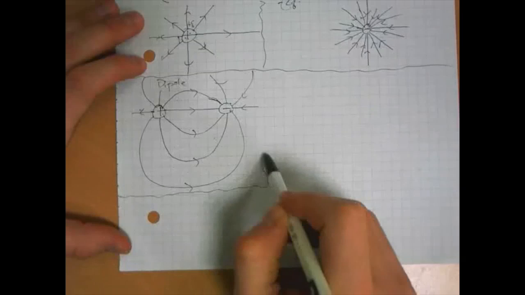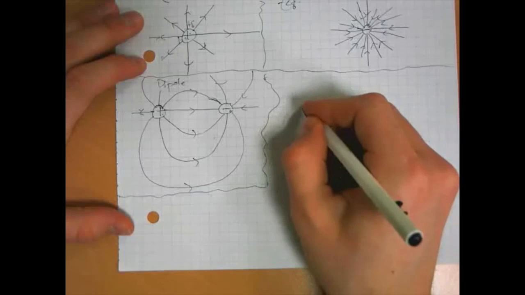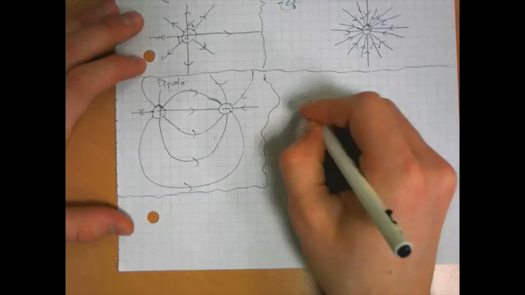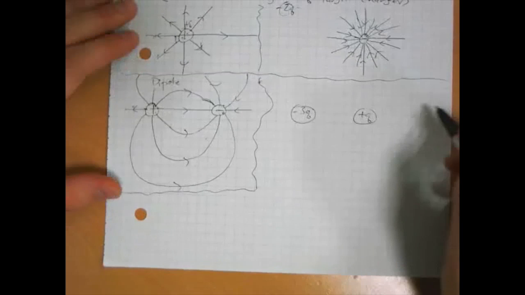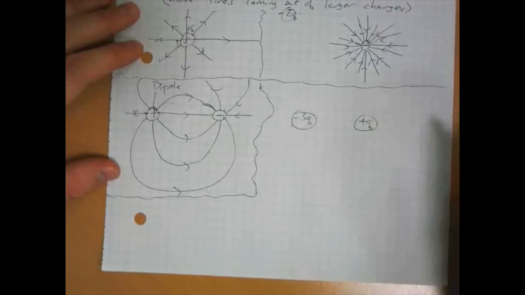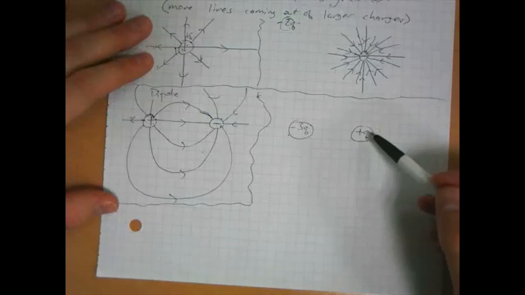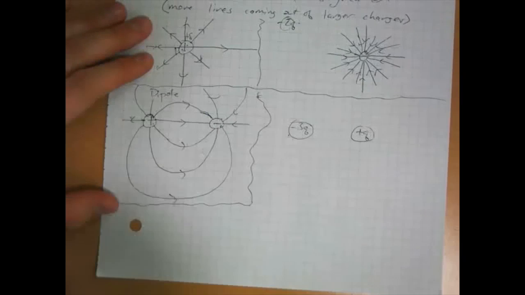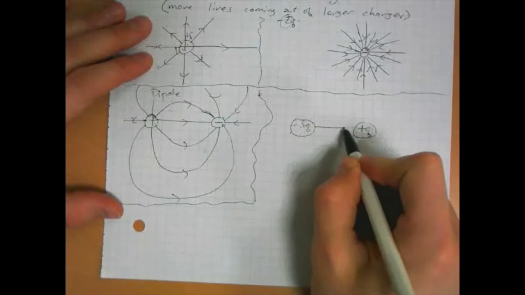Right? So we can do multiple different charges. Let's say we have a minus 3q and a plus q. All right? And in the interest of not drawing a bajillion field lines, I'm going to do just four lines for the plus q. So there will be a line that does this.